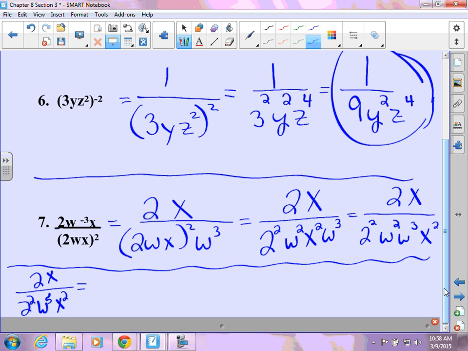Denominator, how many more? 1. Look at my w. Do I keep where he's at? Yep. And then what? That's it. I leave it like that. Okay, 1's in the numerator. Good. And I'm done.